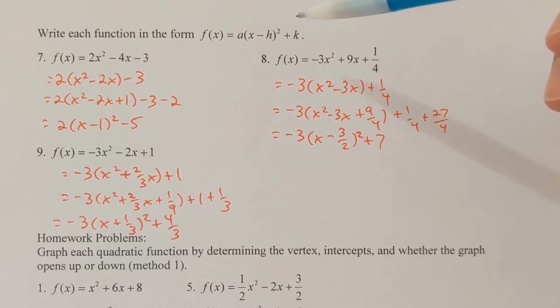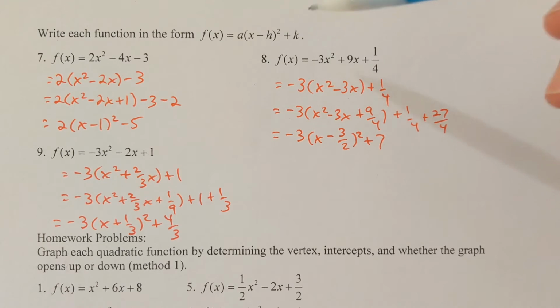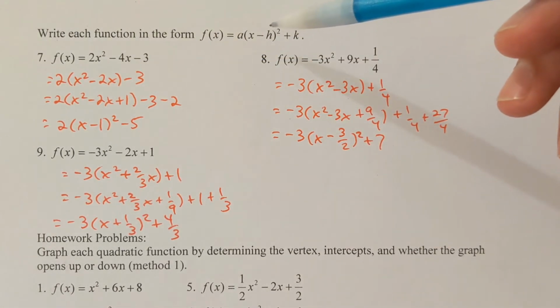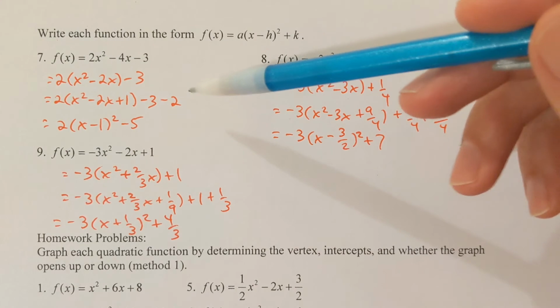Okay, and all I would do is simplify if I were to write it in this form. If I were to write it in the form f of x equals ax squared plus bx plus c, I would simplify. Okay.